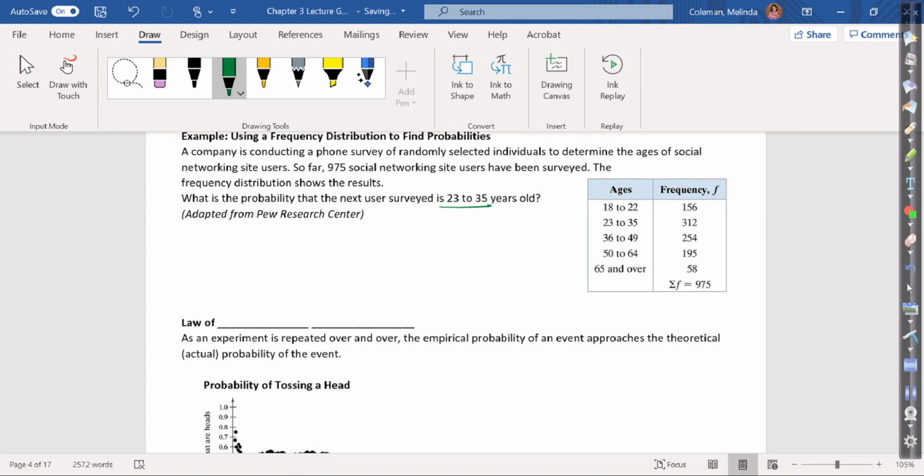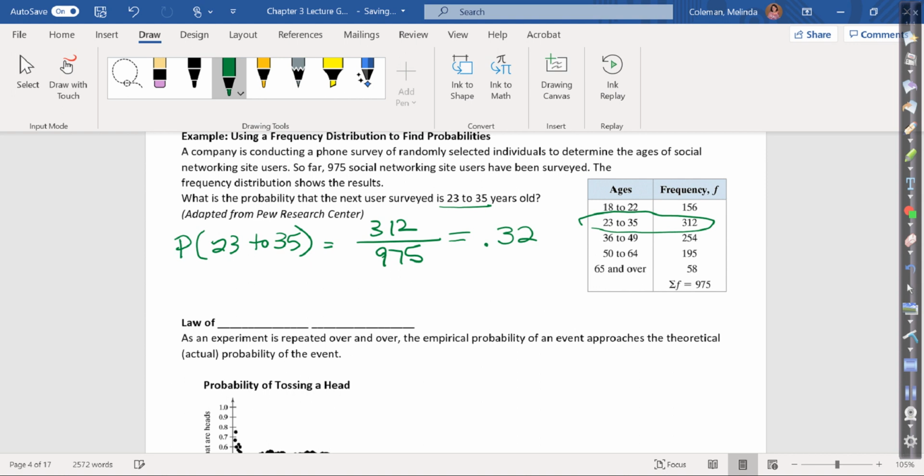Well, based on previous survey results, so far there have been 312 in that category. So the probability that they are aged 23 to 35 would be 312 divided by 975, which this time equals 0.3200, or 32%.